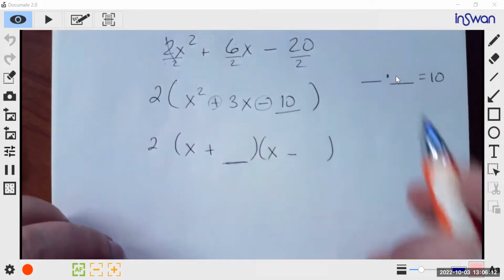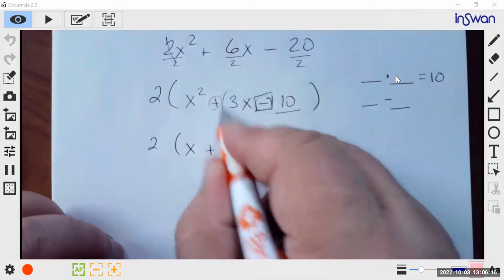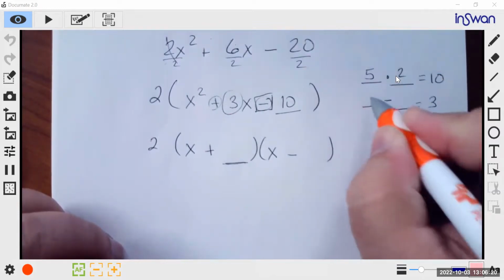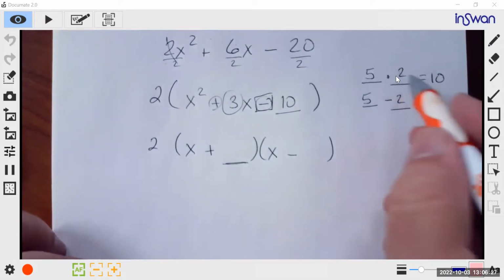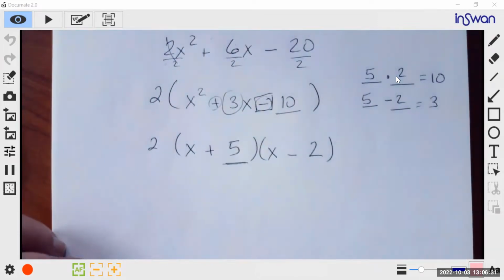So what times what equals 10? When you subtract them, it equals 3. 5 and 2. So 5 is bigger, so it goes in the plus. And there you have it.